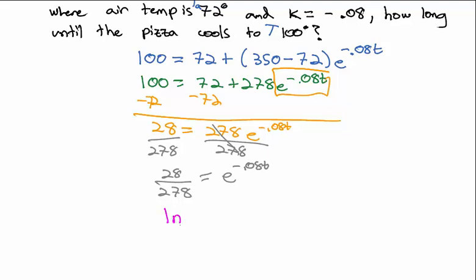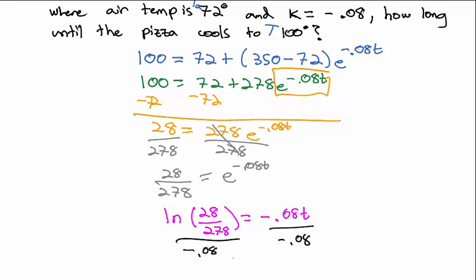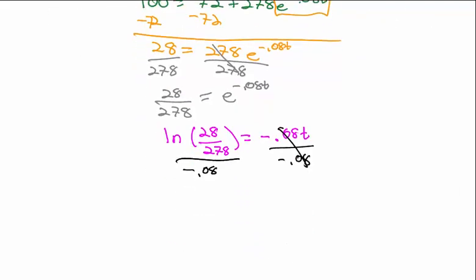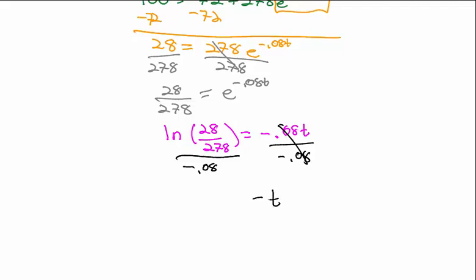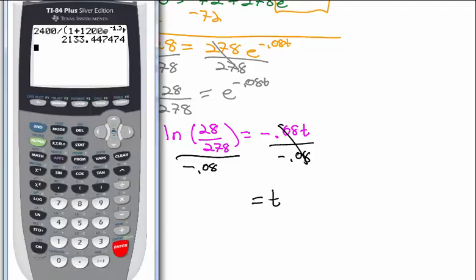Converting this to a natural log, because we already have the base e, of 28 over 278 is equal to negative 0.08 t. So to get t alone, we just have to divide by negative 0.08 on both sides. And now we will know our time when we type this into our calculator.